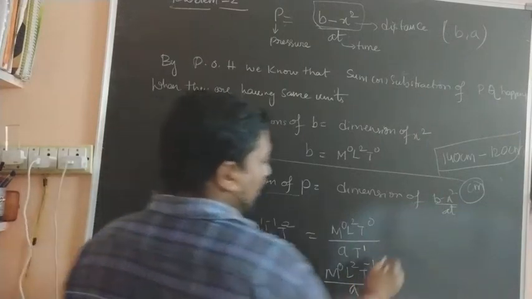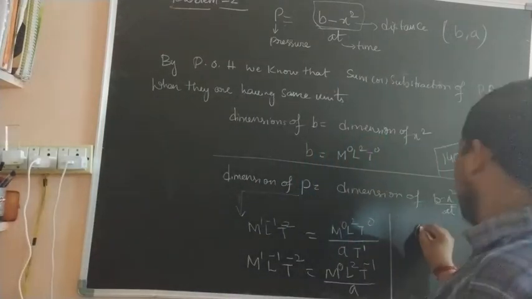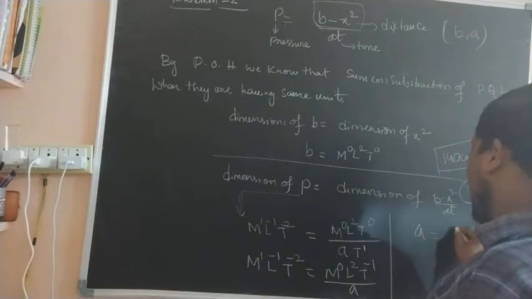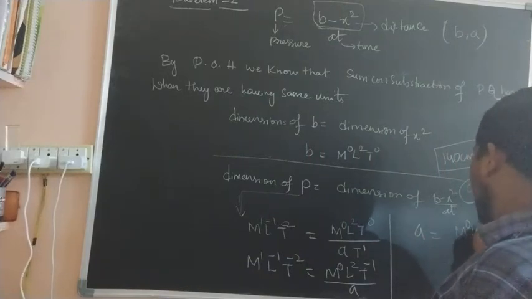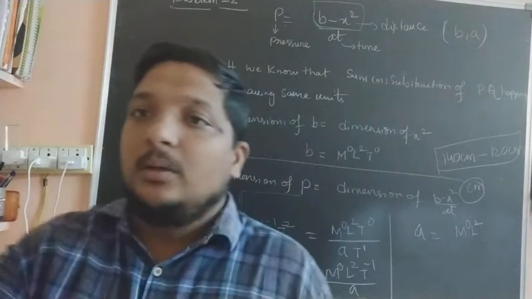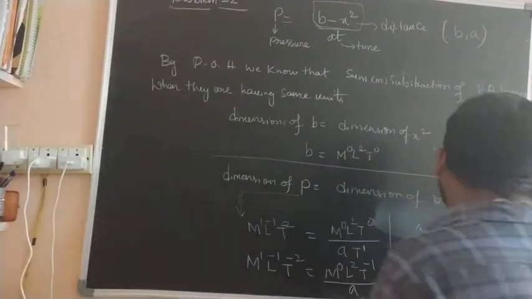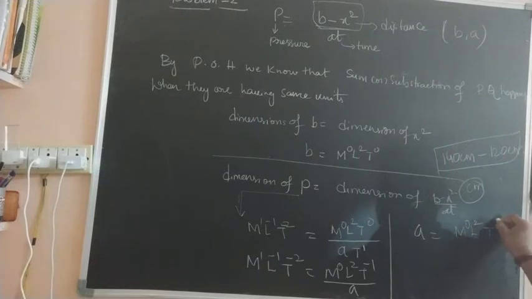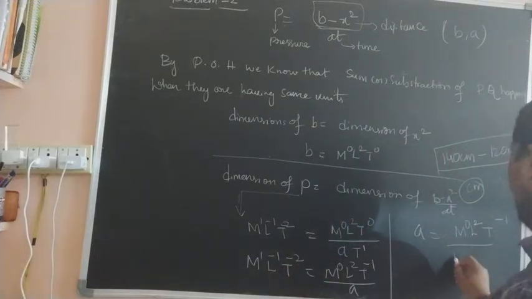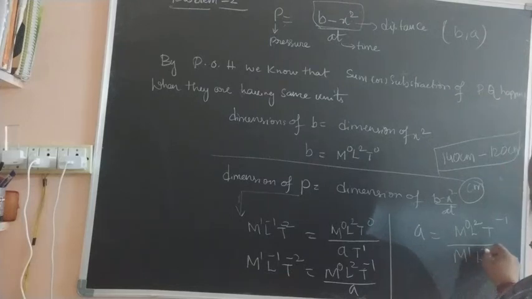Now this can be written as a is equal to M power 0 L power 2 T to the power of minus 1, and with the pressure dimensions transposed to this side, M power 1 L to the power of minus 1 T to the power of minus 2.